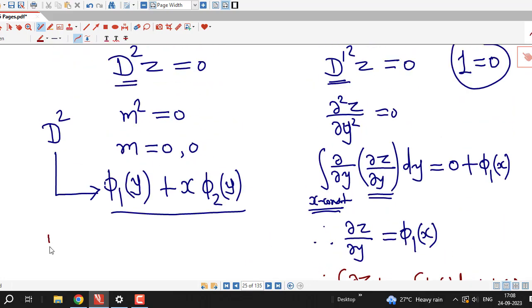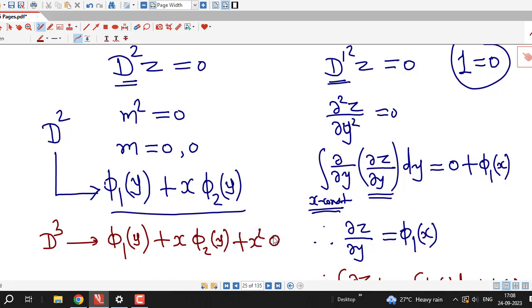Similarly, if I have third power of D, that is derivative with respect to x, then the part of general solution will be an arbitrary function of y plus x times another arbitrary function of y plus x square times an arbitrary function of y.